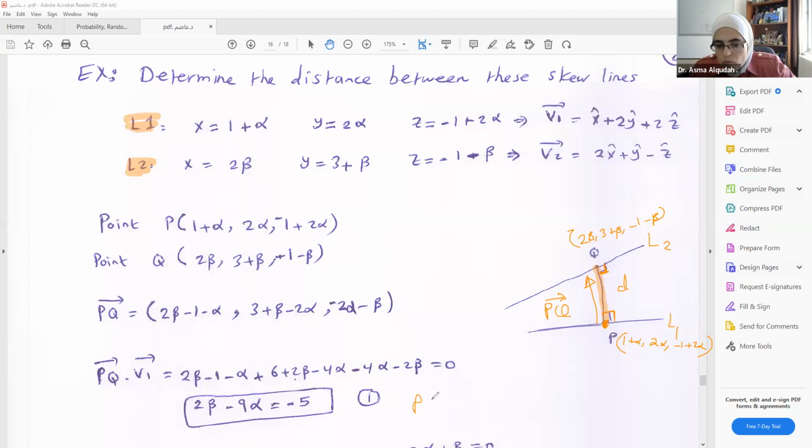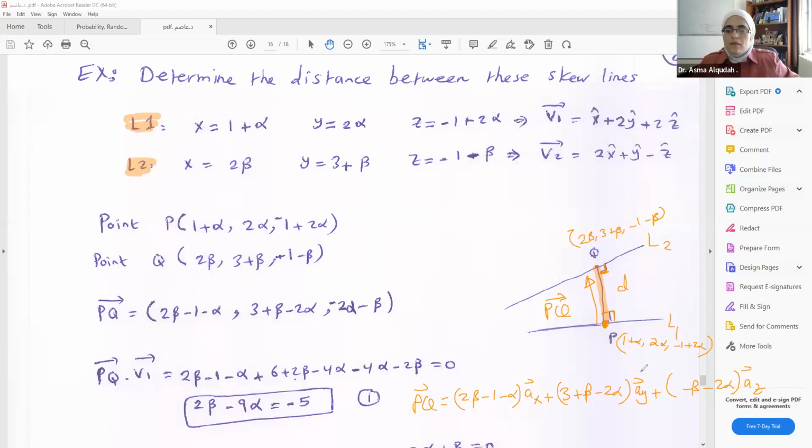It is equal to the coordinates of Q minus the coordinates of P, which is equal to (2 beta minus 1 minus alpha) a sub x plus (3 plus beta minus 2 alpha) a sub y plus (minus 1 minus beta plus 1 minus 2 alpha) a sub z, which is minus beta minus 2 alpha a sub z.